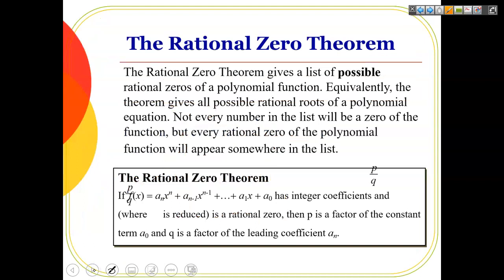That's what the rational zero theorem says. It gives a list of possible rational zeros. Not everyone will be a zero, but if there is a rational zero, it will be in that list.